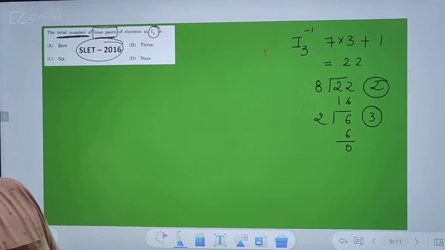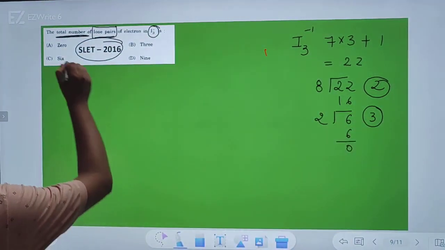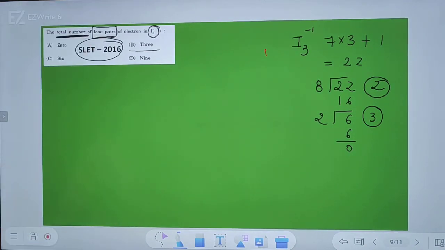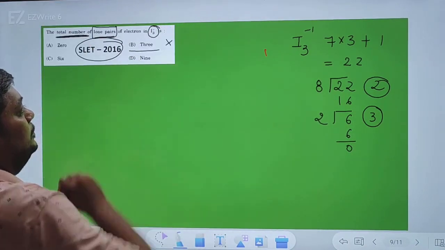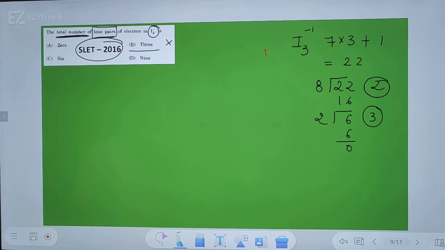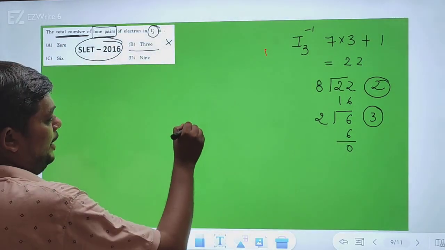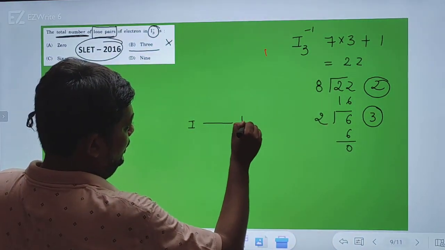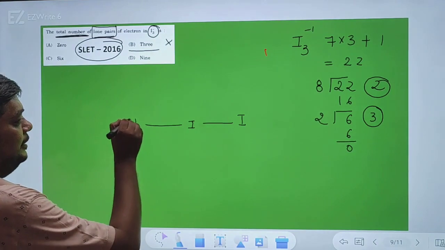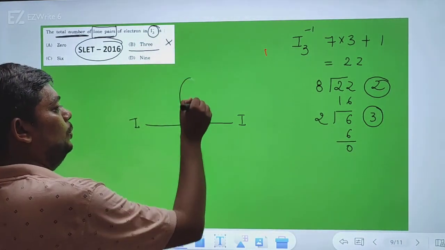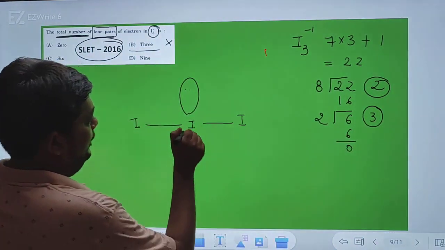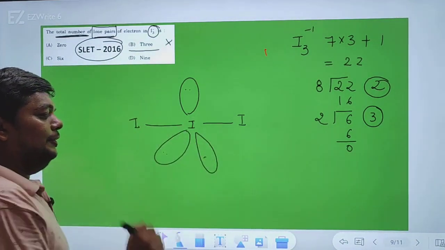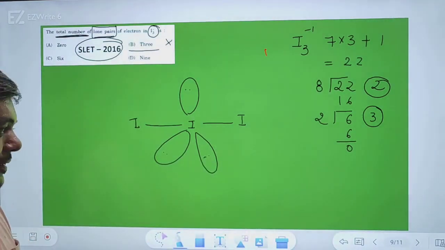But the lone pairs have been asked. I am getting 3 lone pairs and I have the option of 3 lone pairs. I got a good number in SLET. This is wrong. Total number of lone pairs. Now you see what happens. I in the center with 2 more iodine on the 2 sides, along with 1 lone pair, second lone pair, third lone pair.